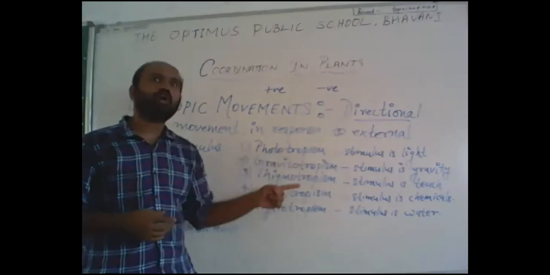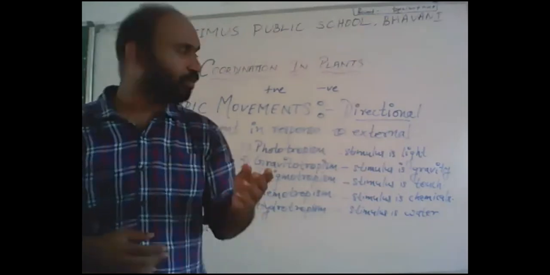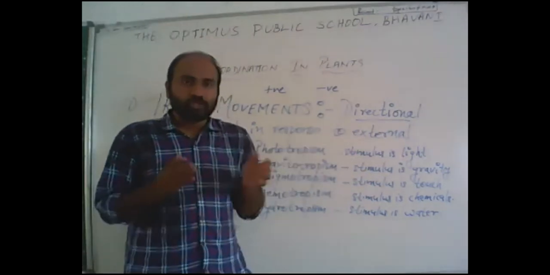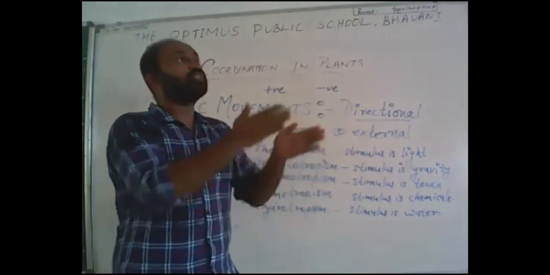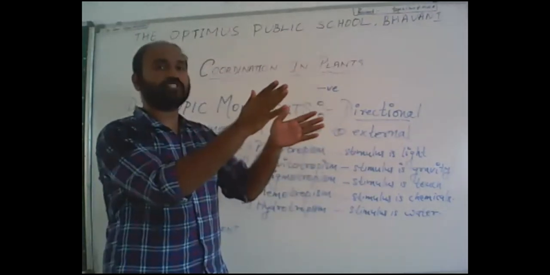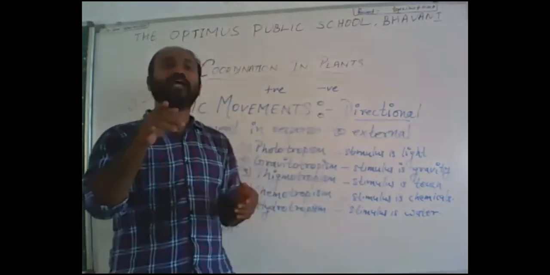Number one, phototropism. The name itself tells you. Photo means light. So here, light is the stimulus. The shoot always goes towards the light, positive phototropism. And the root always grows away from the light, so negative phototropism.